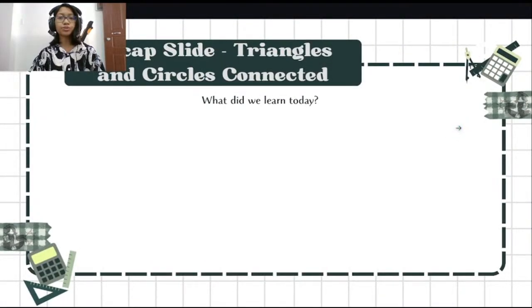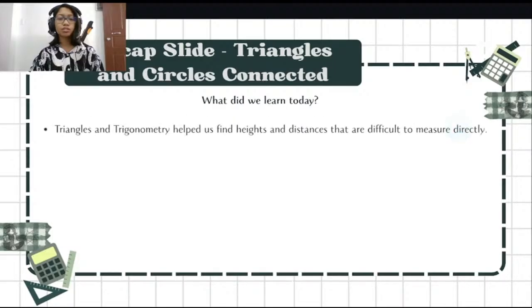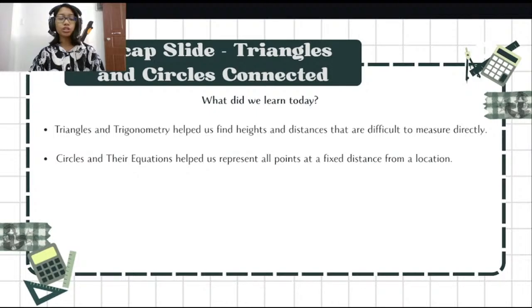What did we learn today? Today, we didn't just study triangles and circles separately. Triangles and trigonometry help us measure distances we cannot measure directly. Circle equations help us represent all possible points that are the same distance away.